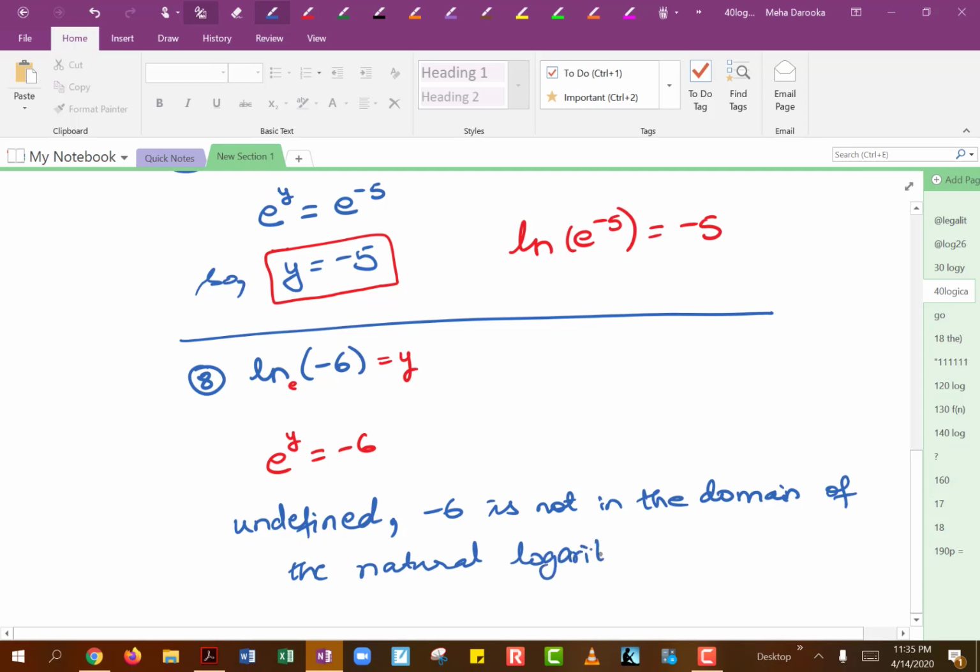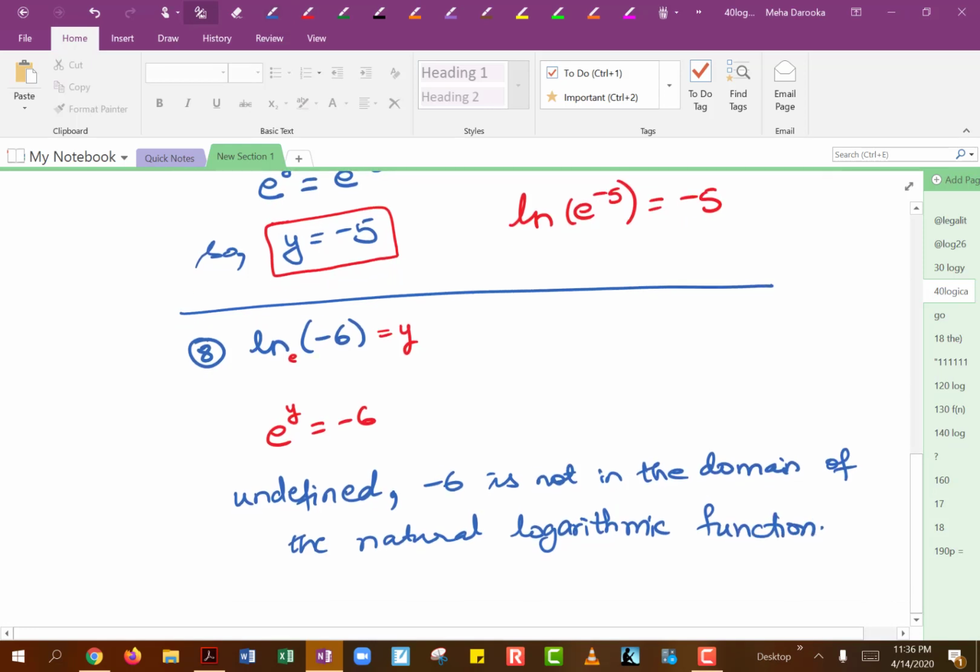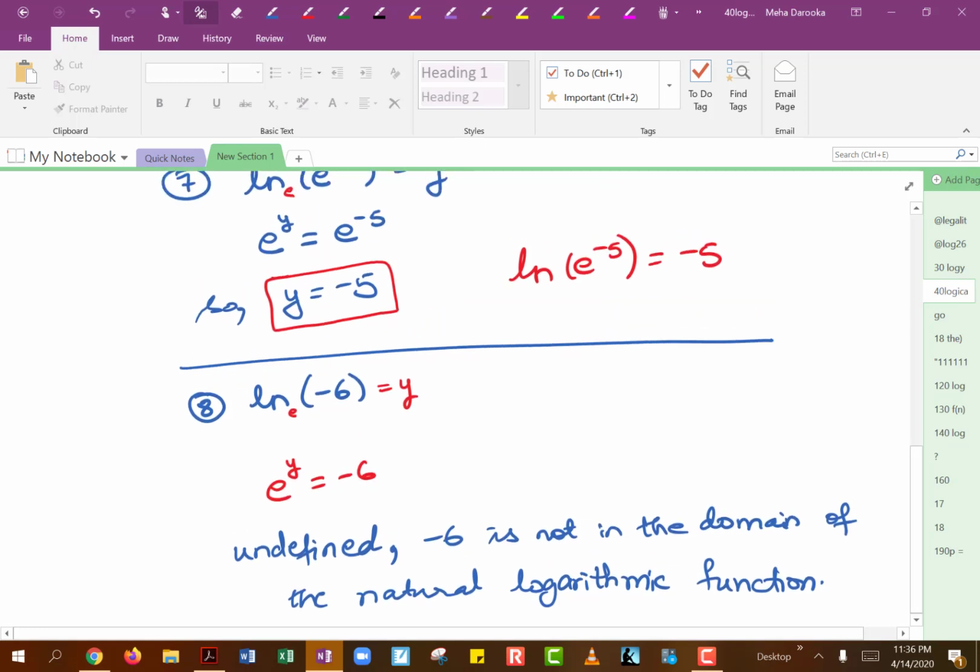Okay, so not in the domain of the natural logarithmic function. So this does not work out. You will find no value of y which will satisfy this equation, so it's undefined.